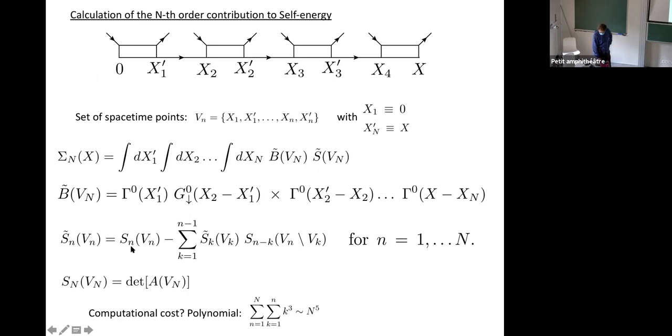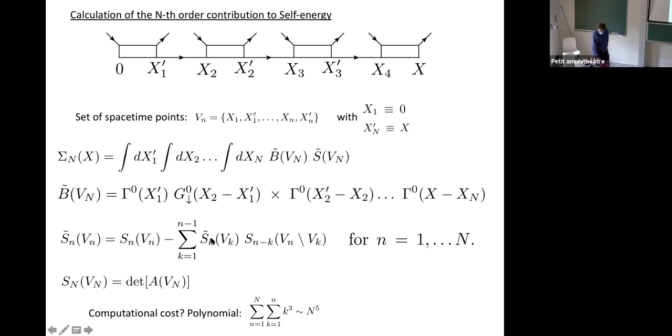So if we take, for example, little n equal to big N, which is the order, for example, 4 here in this example, then we see that this S_n here is just the determinant of the matrix A. So it will create all the possible connections, either reducible or irreducible.